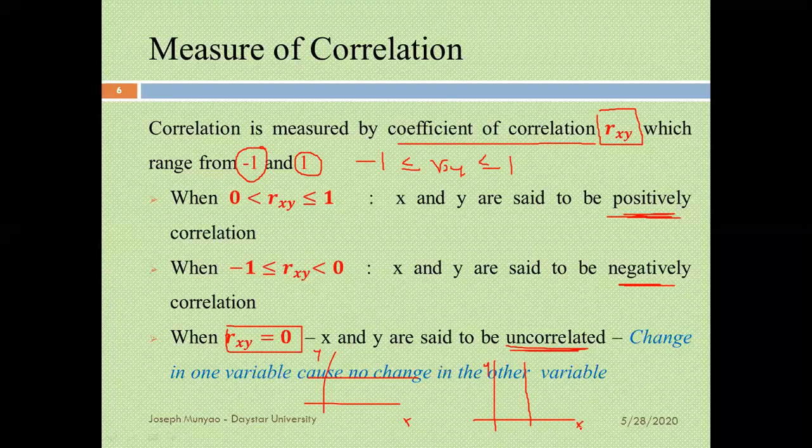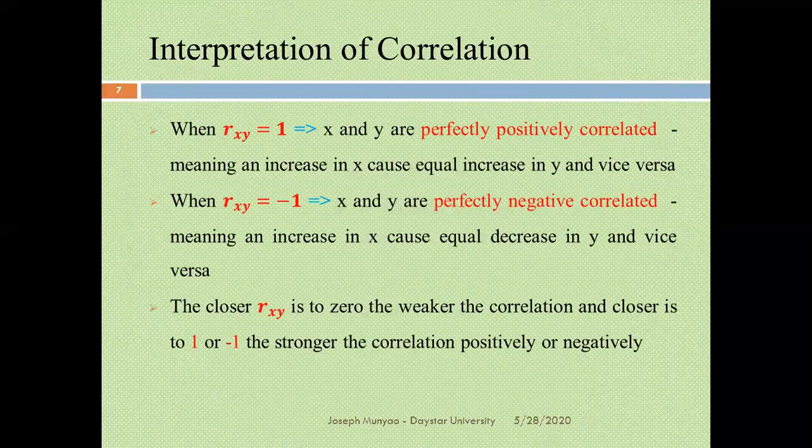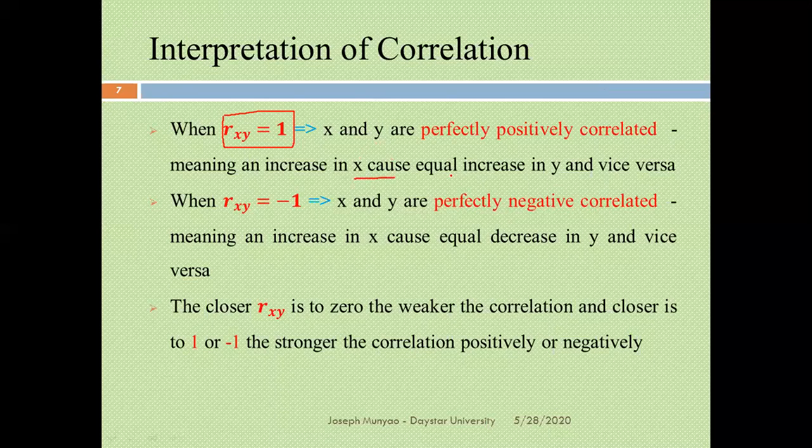There is no correlation. Now, how do you interpret the correlation coefficient? If the correlation coefficient is exactly 1, it means that x and y have a perfect positive correlation, meaning an increase in x causes an equal increase in y and vice versa.